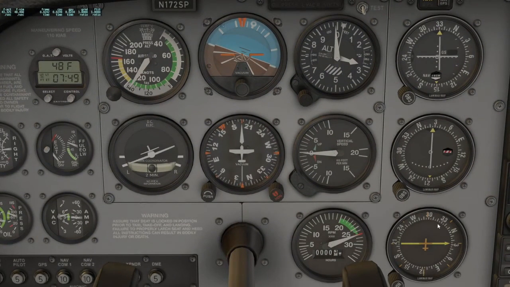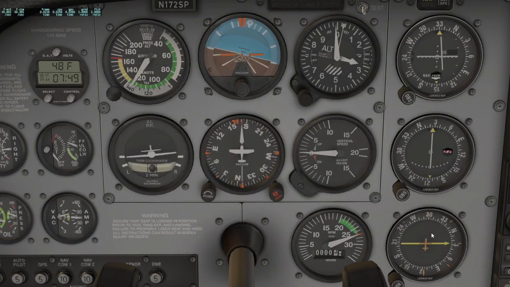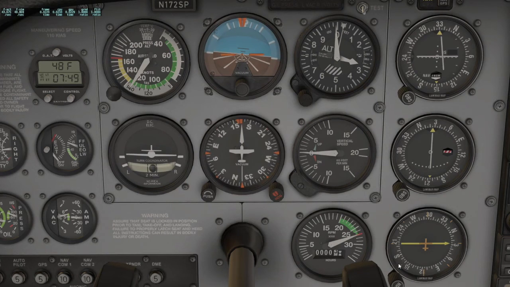So I intercepted this one, and now I'm coming at my 300 inbound towards the VOR at 45 degrees, and I know the 45 degrees of this direction coming from here is simply 160, as you can tell from this little orange marker.